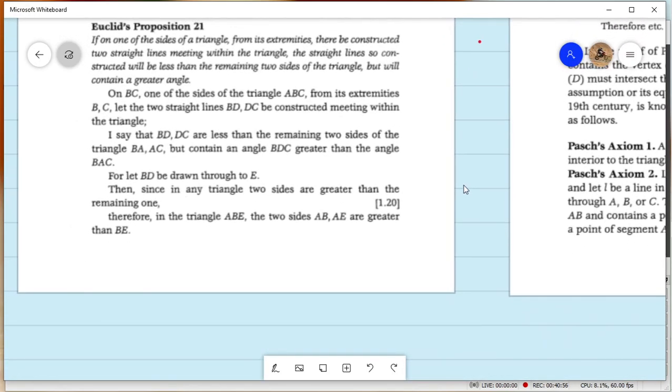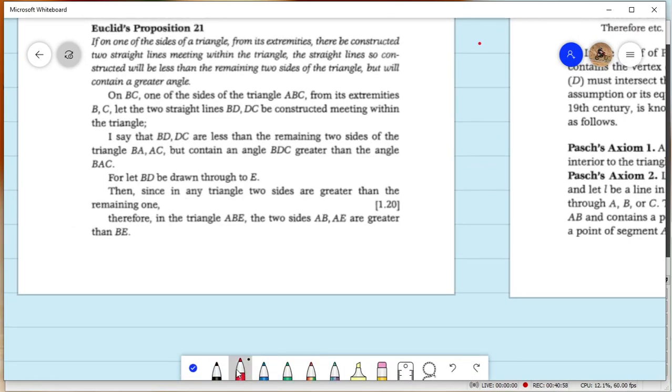So, if we would try to draw that, we have a triangle. Consider this line segment.